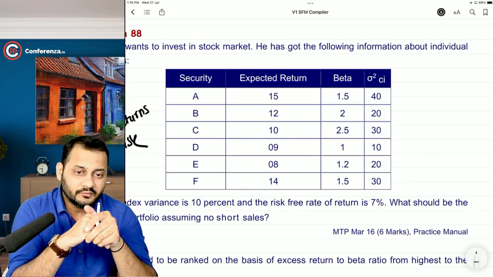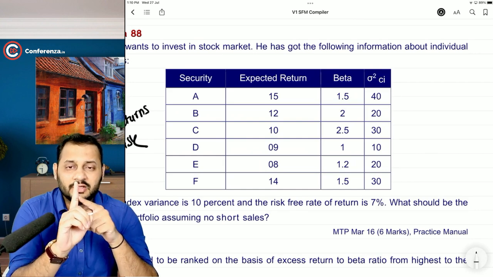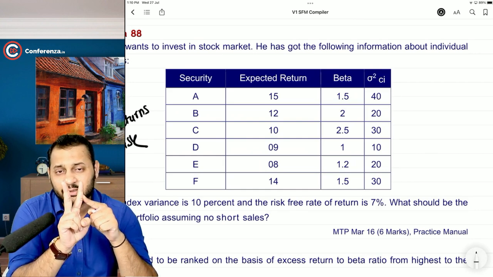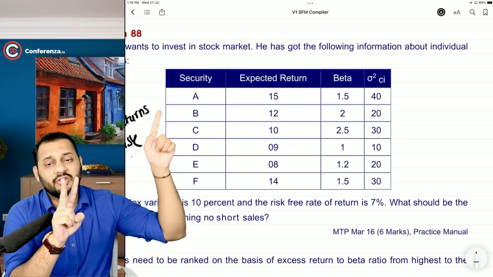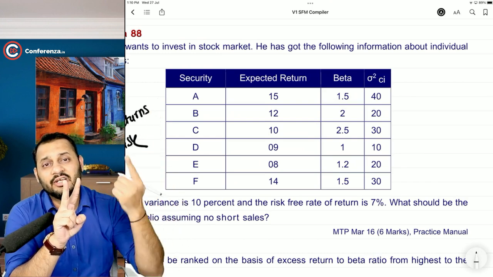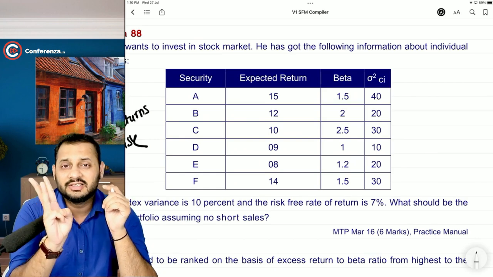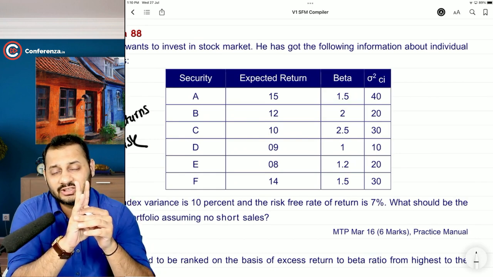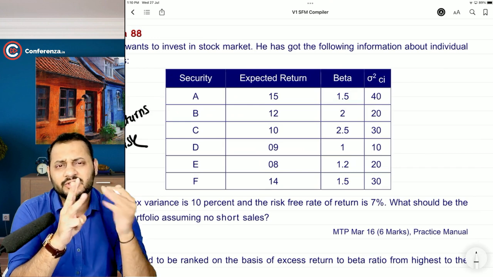Second step, descending order. Third step, calculate the C value, that is called the cutoff point, and there is a big formula for that, which we will almost have to mug up.